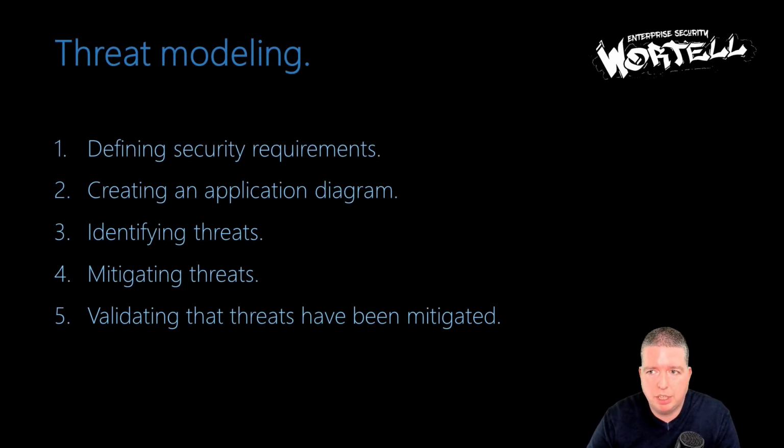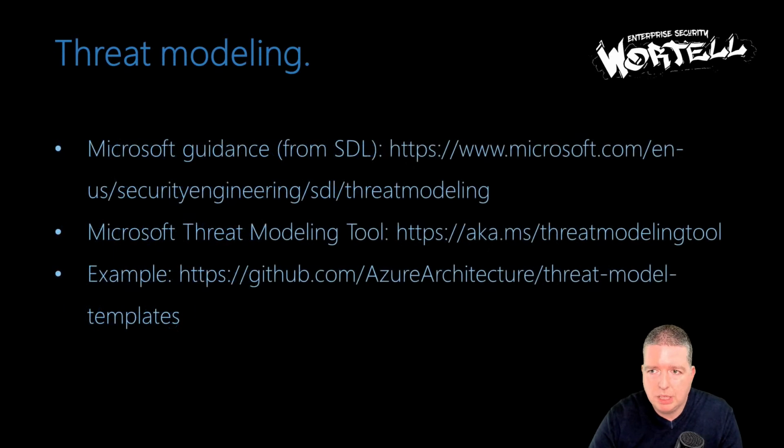And from the security requirements, of course, start to identify the threats. What actor groups, what types of threats could come after my environment, my company, and my application. And of course, then mitigate those threats and validate that those threats have been mitigated, and put that into a process so that it's a loop and something that returns, of course, over time.